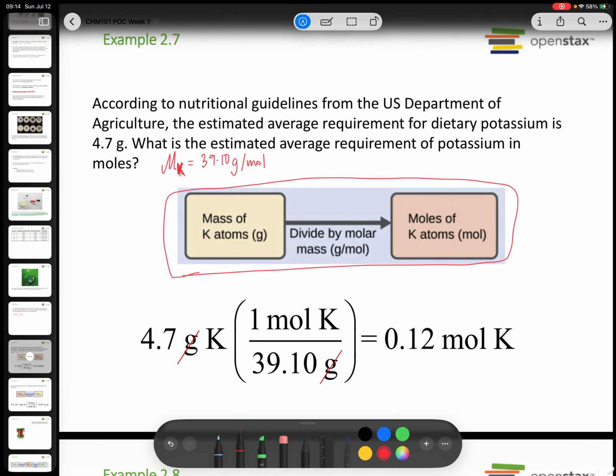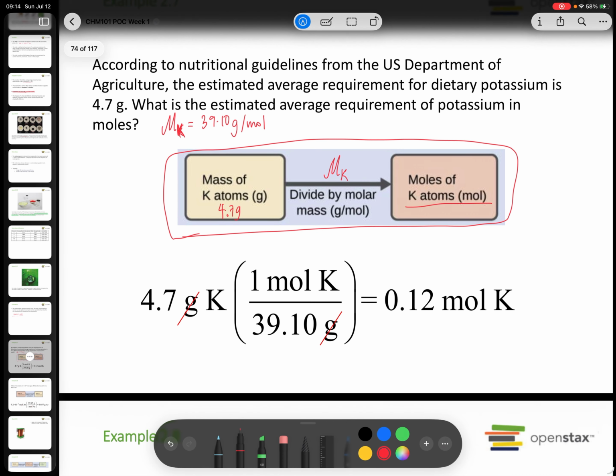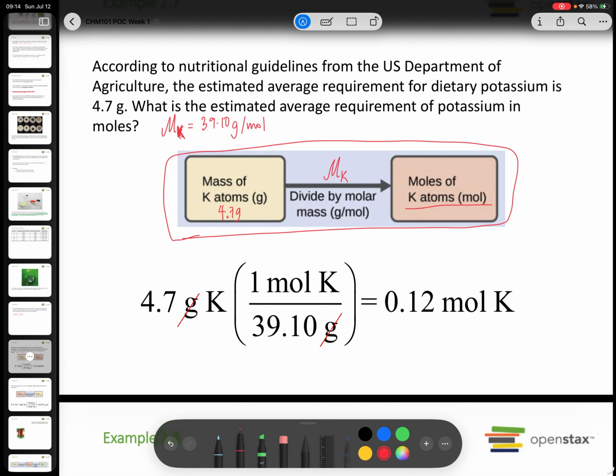So, ito yung parang structure niya. We were given yung mass of potassium, which is 4.7 grams, diba? Dun sa problem. Then, we will use the molar mass of potassium. We will divide it by that value to get yung moles of potassium. So, sa baba, makikita nyo naman, 4.7 grams of potassium, divide. Pag sinabing divide, baka kasi malito kayo, but naging baligtad siya.